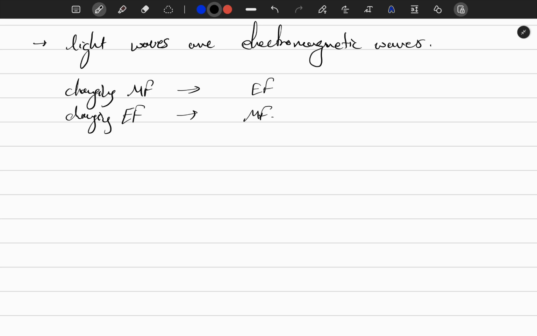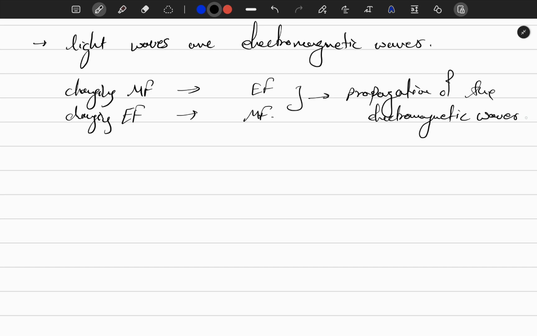This results in the propagation of the electromagnetic wave. Due to this, these waves can even travel in free space, that is in vacuum.